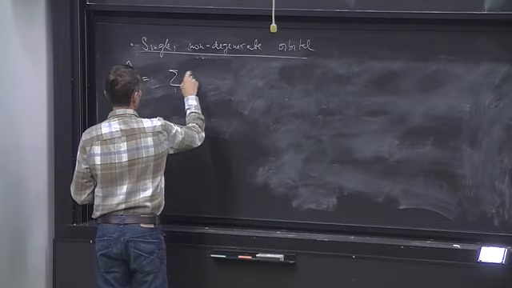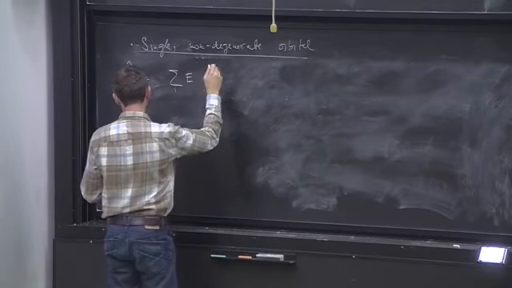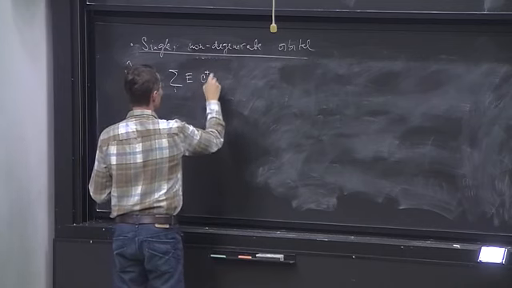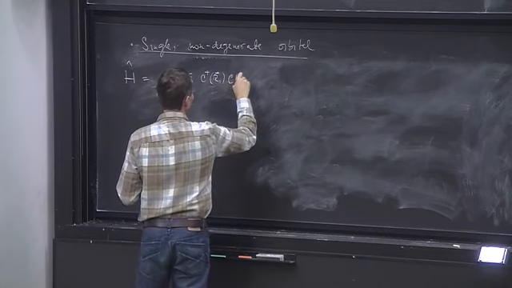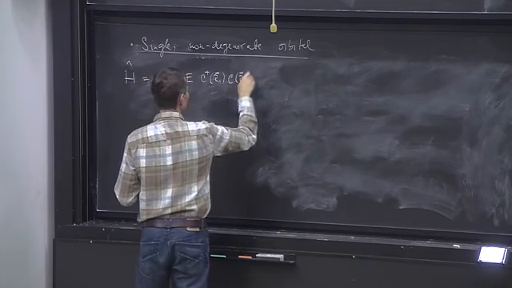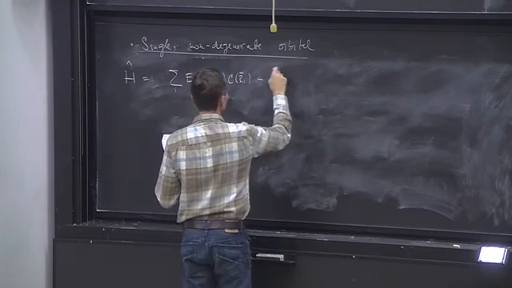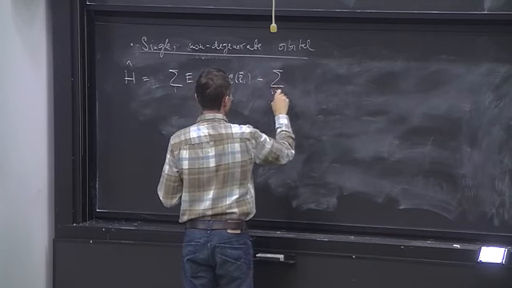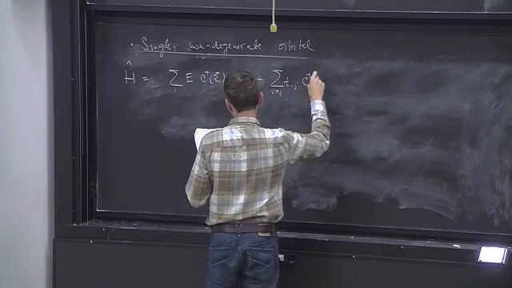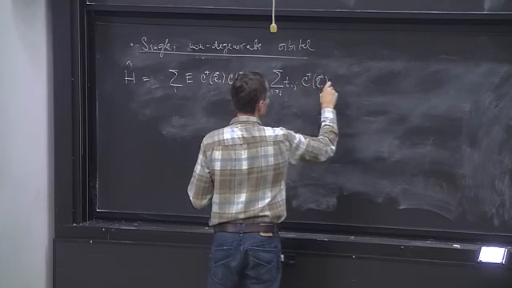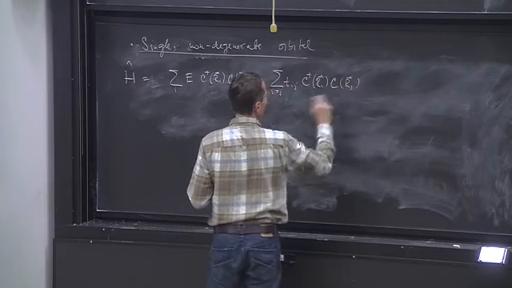Sum over i. I have some energy for the on-site potential, which is just the energy of the atomic orbital itself, c dagger R_i c R_i, plus, or rather minus, and I will explain this, sum over i not equal to j, T_ij, c dagger R_i c R_j.